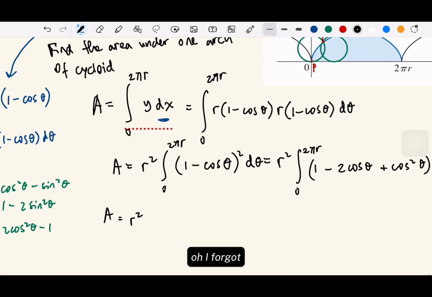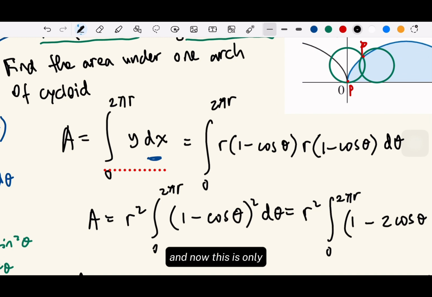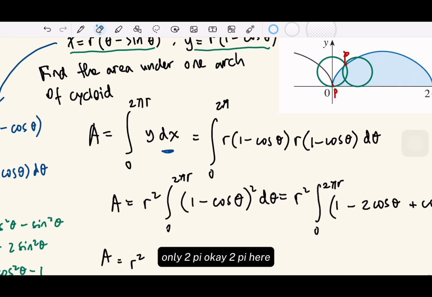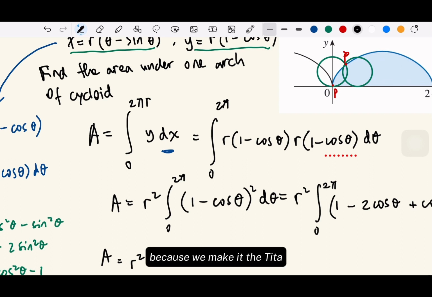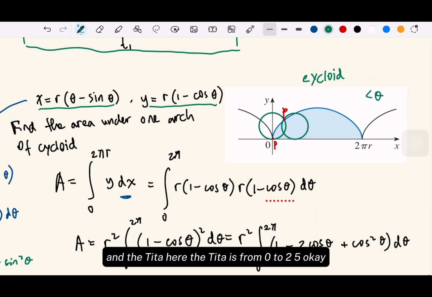Oh, I forgot, since this is x and now this is only the parameter, because we make it theta, the theta here is from 0 to 2 pi.